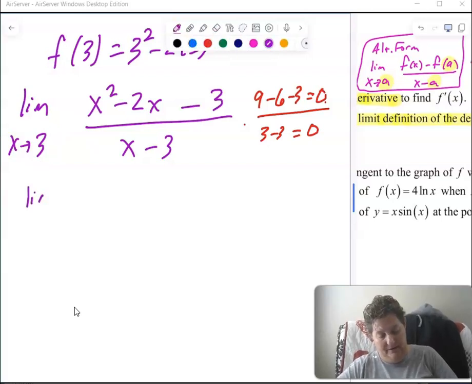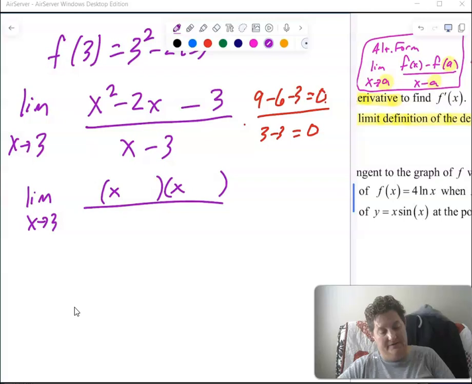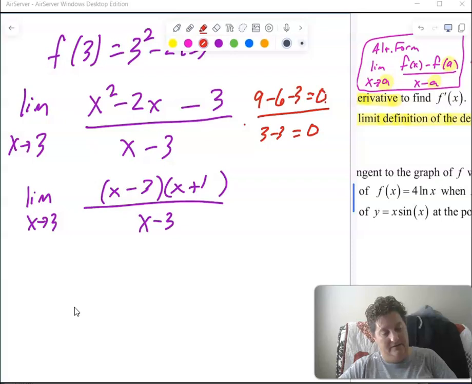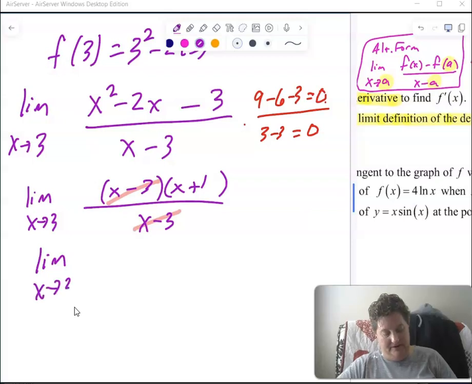Still going to write x minus 3 on the bottom. But on the top, I ask, what multiplies to make negative 3? The only thing is 3 and 1. To make negative 2, it's minus 3 plus 1. And you can see that x minus 3 cancels. So this is the limit as x approaches 3 of x plus 1.